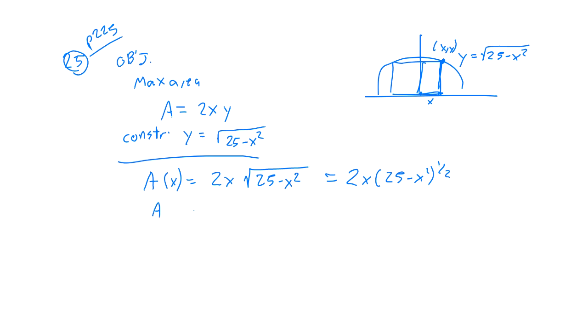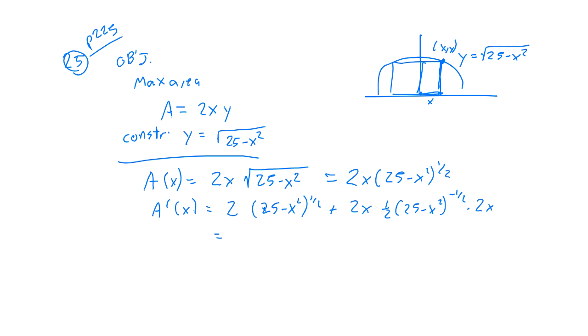Taking the derivative, A prime of x is equal to 2 times that square root, 25 minus x squared to the 1/2, plus 2x times, I'm going to have to differentiate this using the chain rule, 1/2 times 25 minus x squared to the negative 1/2 times the derivative of the inside, which is 2x.